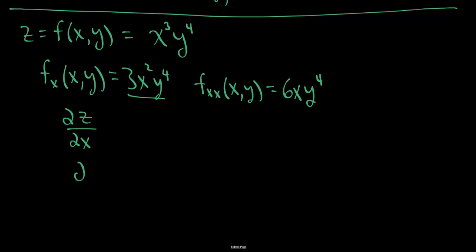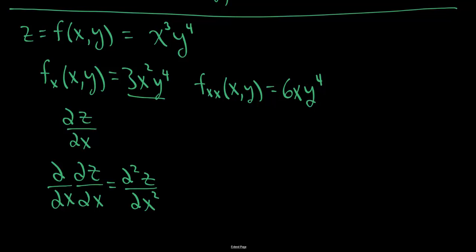If we've got partial of z with respect to x, and we want to differentiate that again with respect to x, intuitively you would think this notation goes like this, and then dx squared, and you'd be right. This is how we're going to use this notation. This indicates the second derivative of z with respect to x.